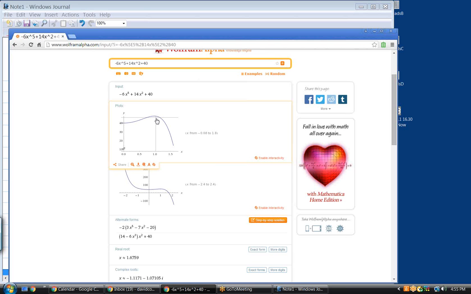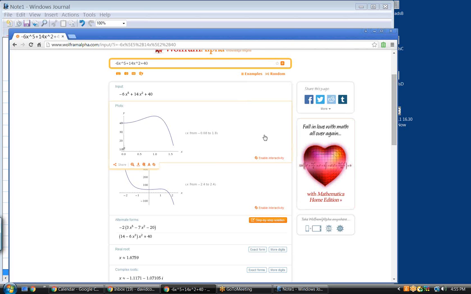Actually, it's decreasing from negative infinity to 0, and then it's decreasing from 1 to positive infinity. And the only place it's increasing appears to be from 0 to 1.